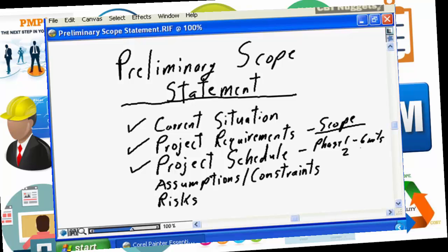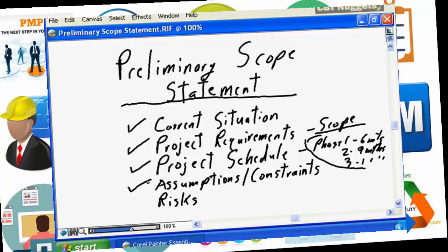Phase 2, 9 months. Phase 3, and so on. It's more detail to support the preliminary cost-benefit statement that you put together in the project charter, but it's not a complete WBS that's going to be developed in project planning itself.